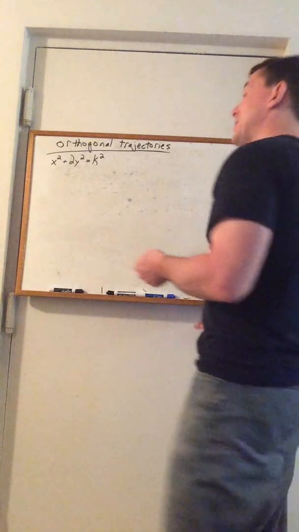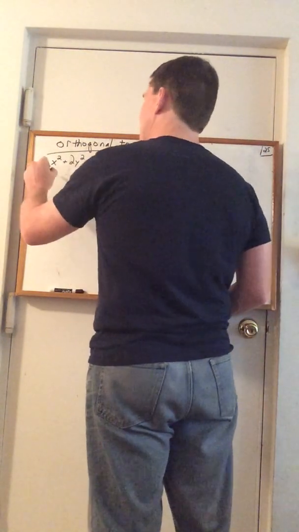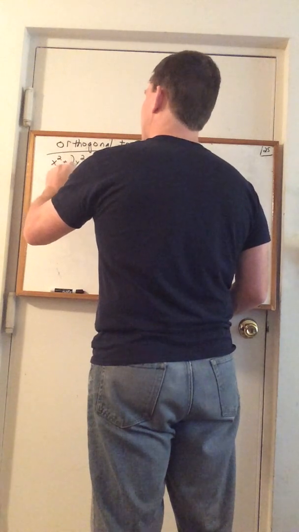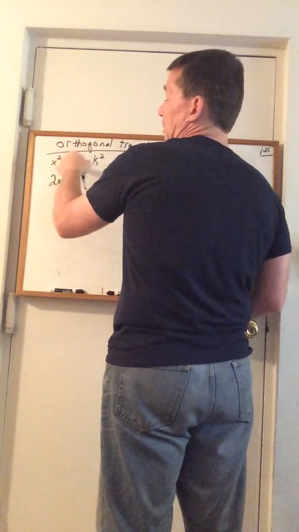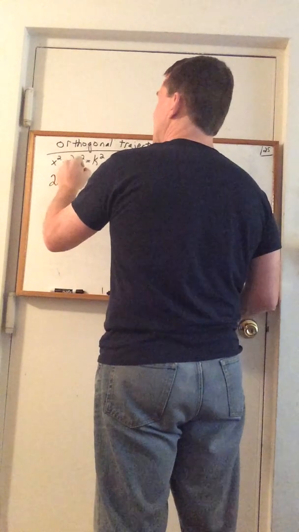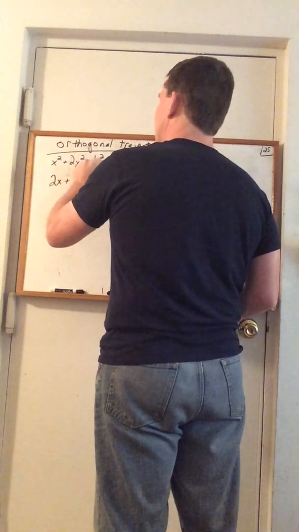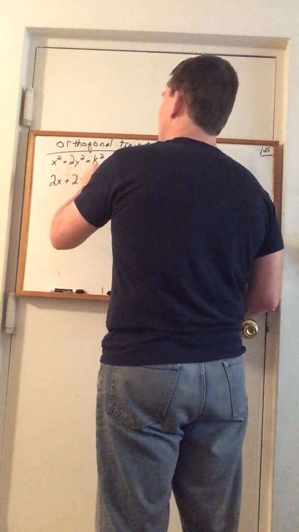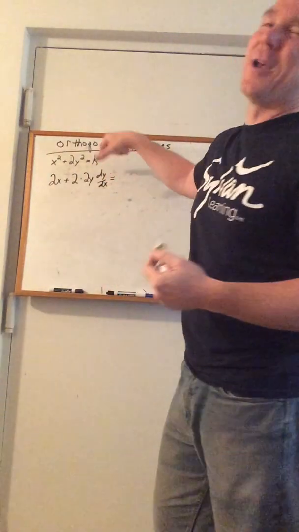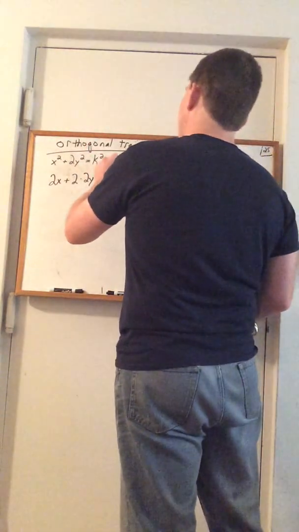And I want to solve it, so take the derivative. 2x plus 2y dy dx, keeping in mind I'm taking the derivative with respect to x, so that's implicit differentiation, equals the derivative of k squared. K is a constant, so that's just 0.